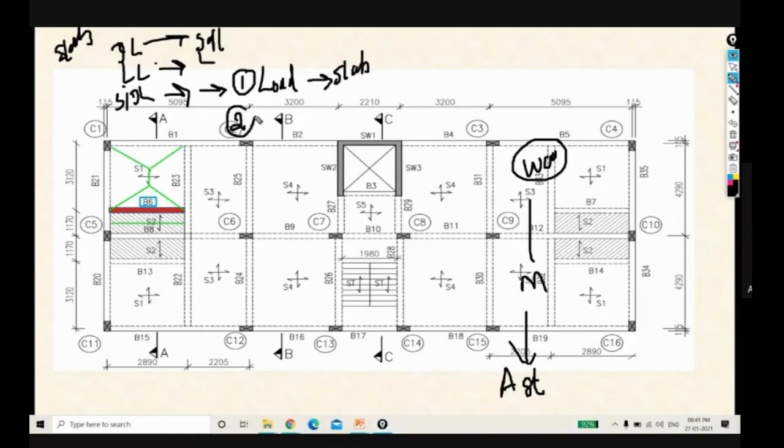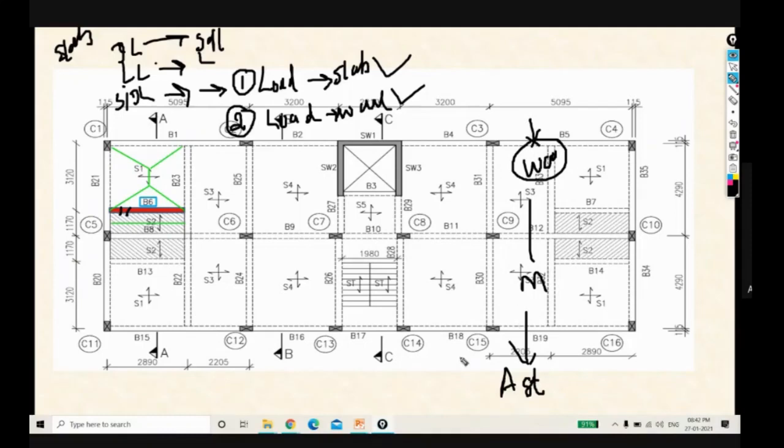And second is the load of the wall. So for the design of beam we have to focus on these two loads while calculating SIDL, the superimposed dead load. This difference is there in the calculation of dead load, and everything else is the same.